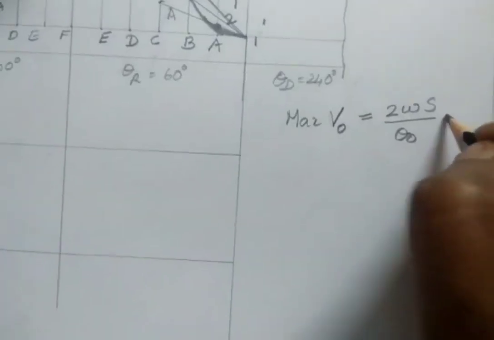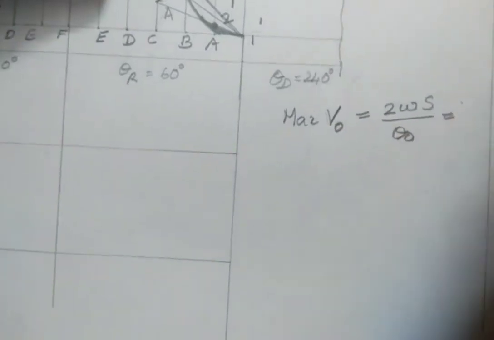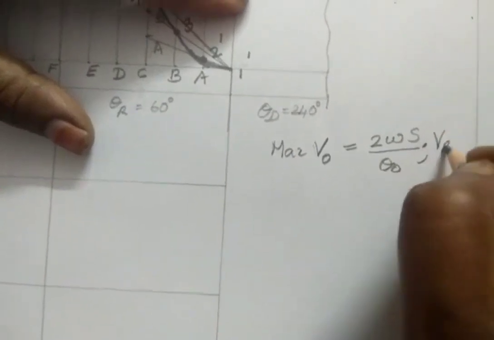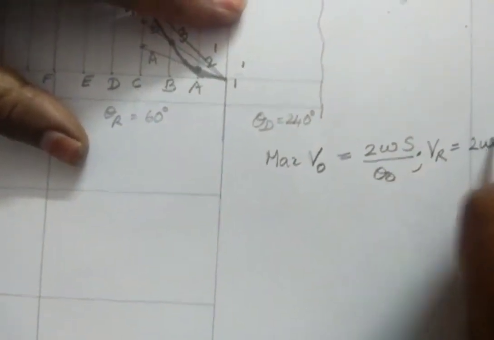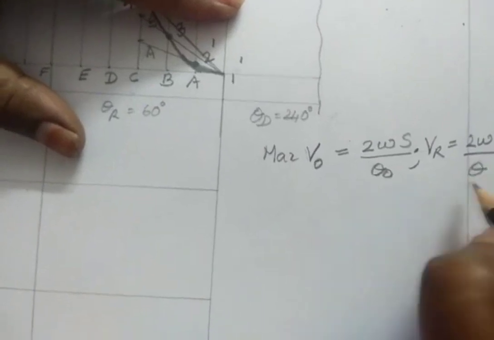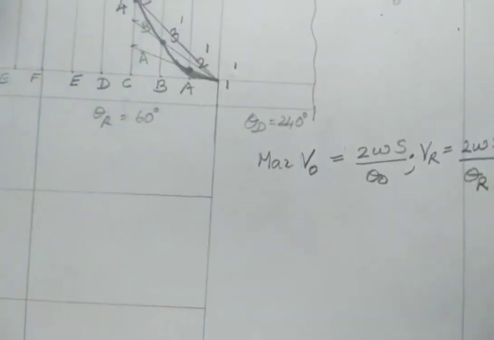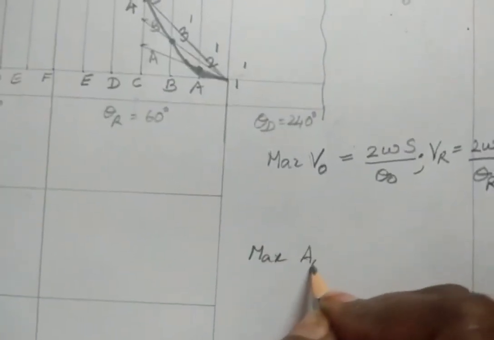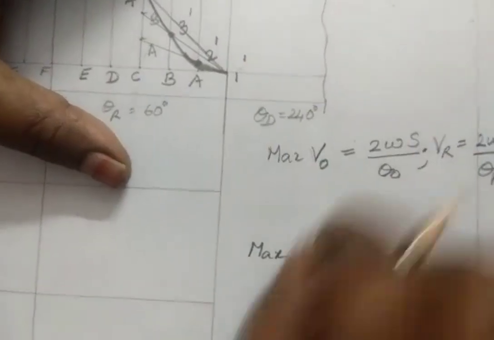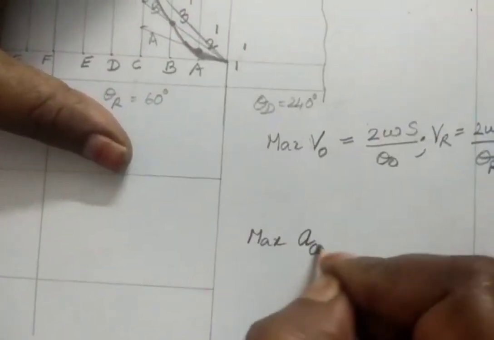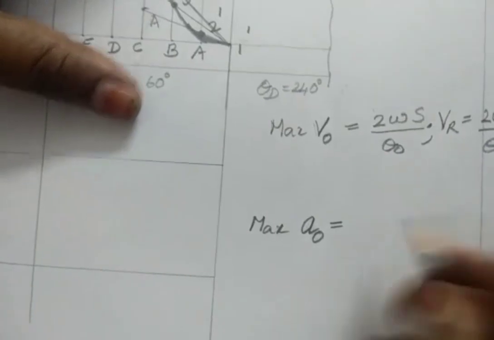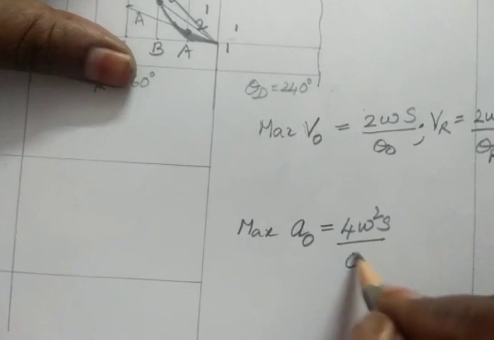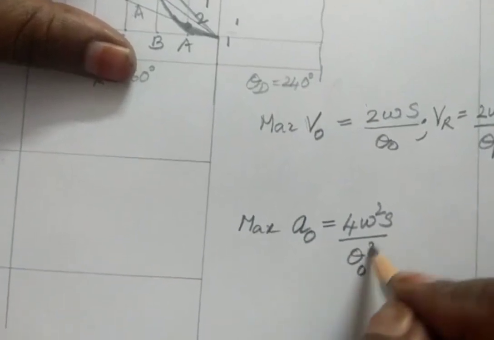In the same way for VR, the return stroke also, you will get VR equal to 2 omega S by theta R, the same form, with theta R instead of theta O. And in the same way, the maximum acceleration a naught, small a naught, is 4 omega square S by theta naught square.